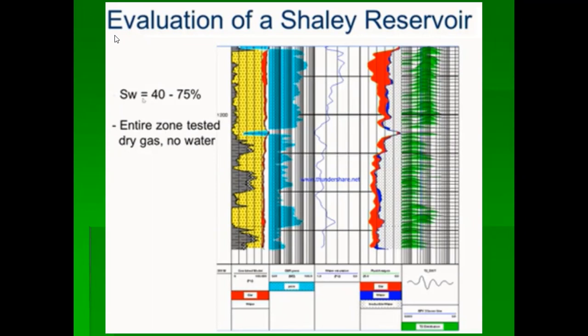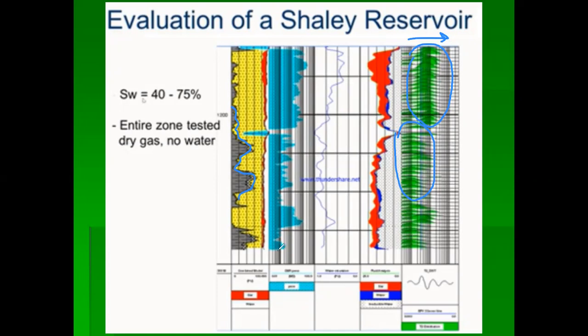Another illustration here, and as you can see, we have some displacement of the T2 distribution toward smaller relaxation time, and so there will be a larger amount of clay volume here, while at the top we have more displacement into the larger relaxation time, so we have a lesser amount of clay and more sand counts in this zone.